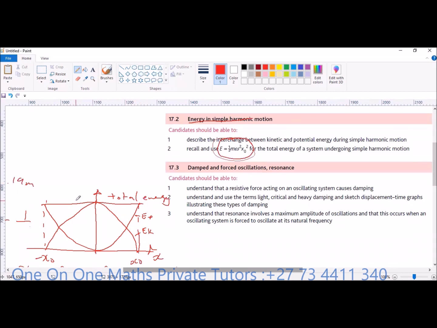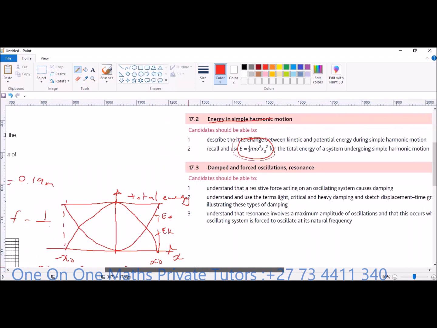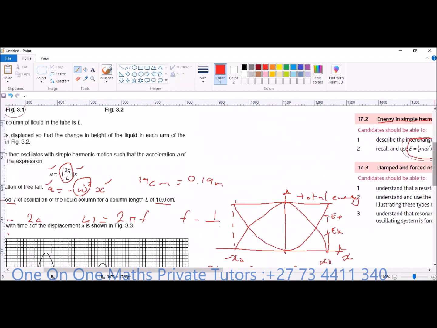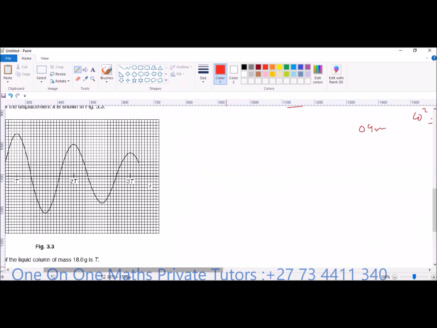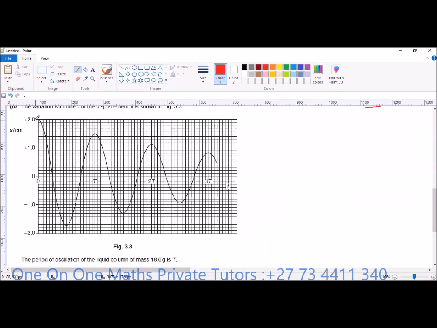So at maximum amplitude, which is here, we have the total energy of the system. Also here, let's look at 2.5 oscillations. This is one oscillation, this is 2 oscillations, this is 3 oscillations. So halfway between is 2.5 oscillations, which is here.